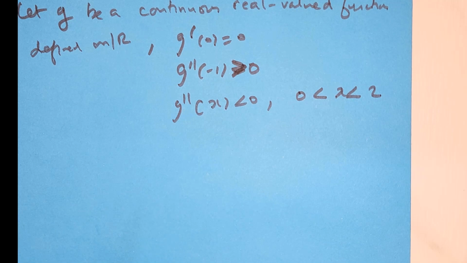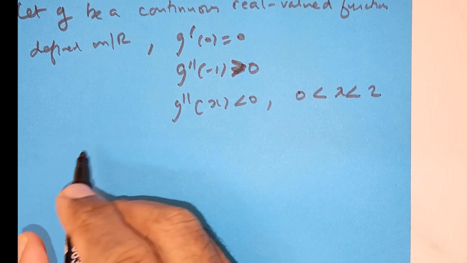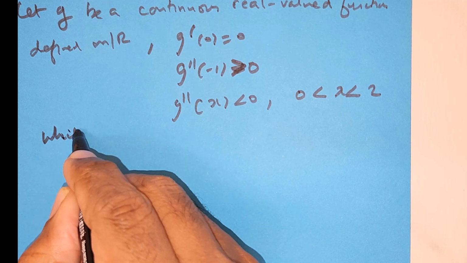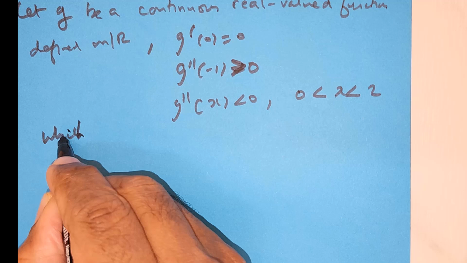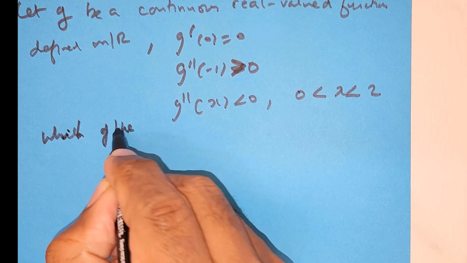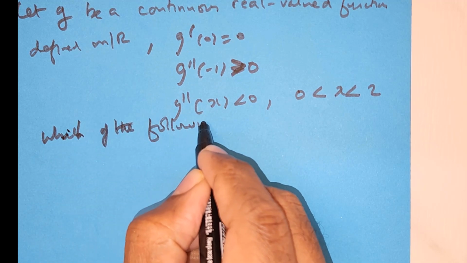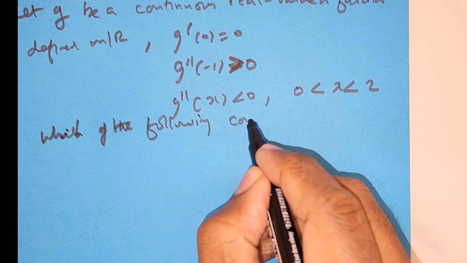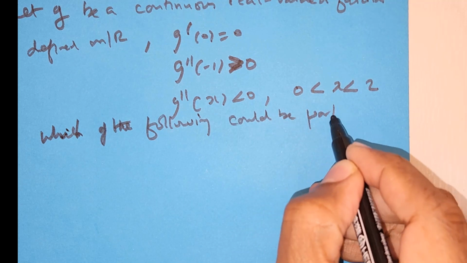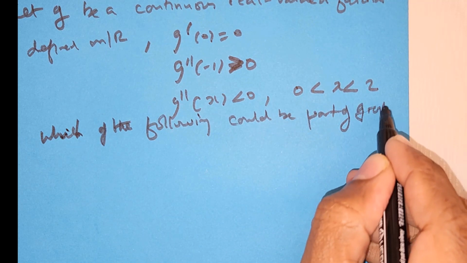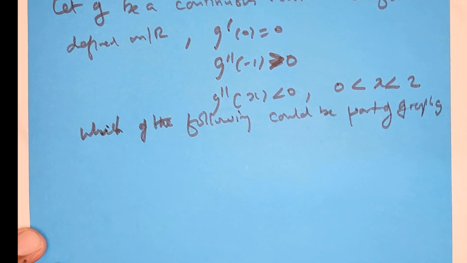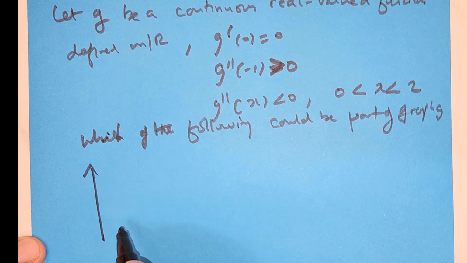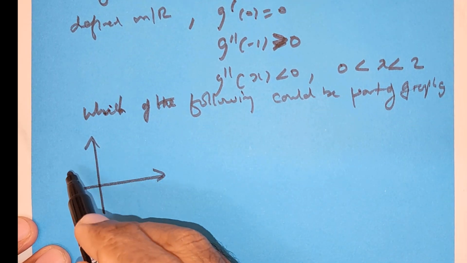Now we are given: which of the following could be part of the graph G. So this is the question. Now we are given the following graph. So let me draw these graphs.